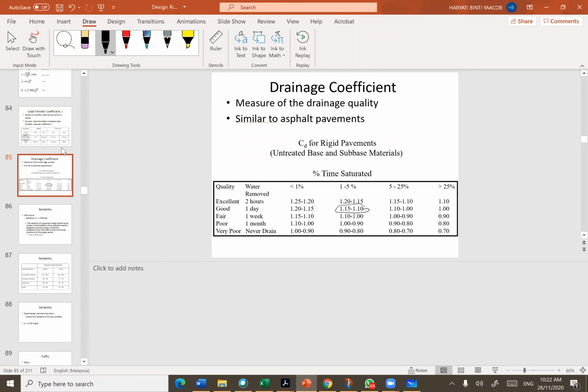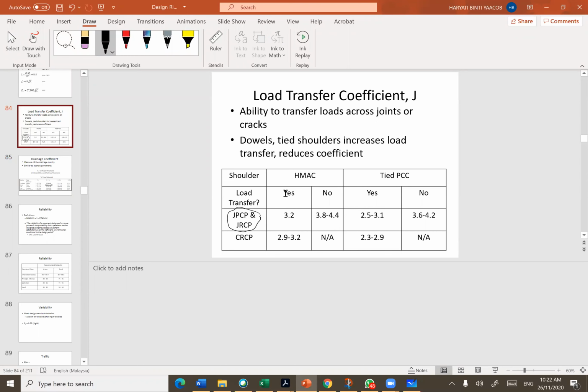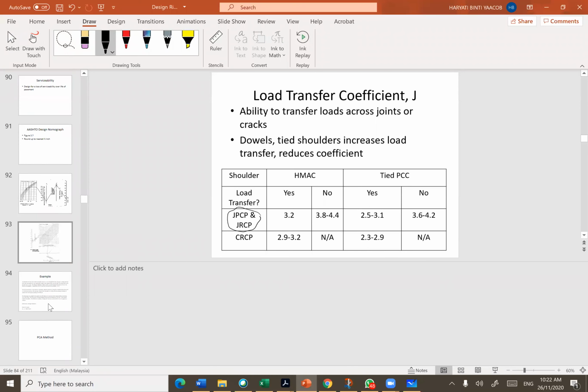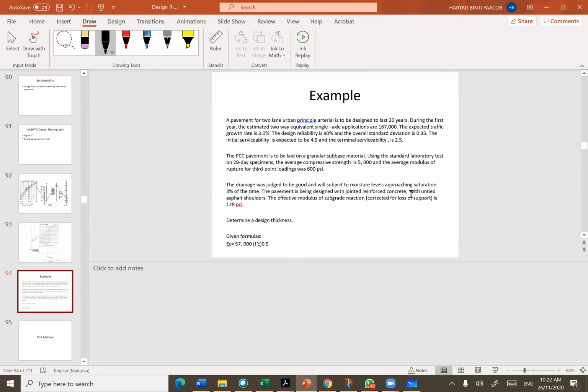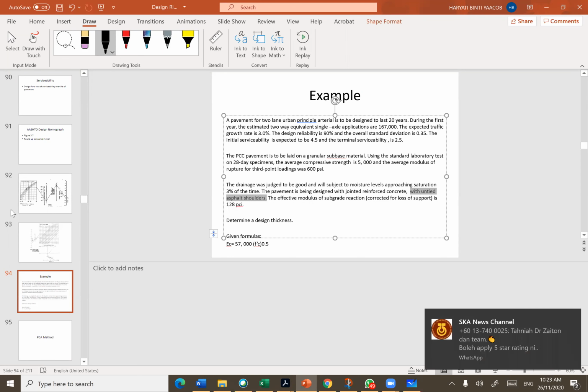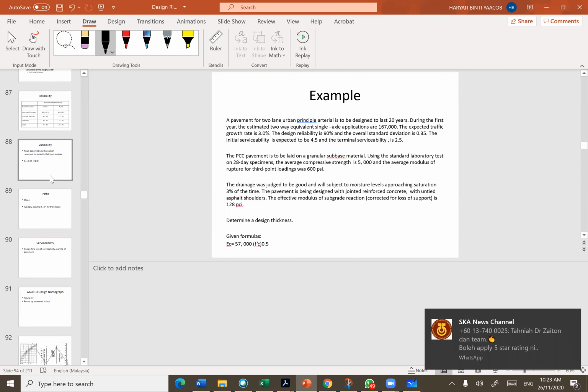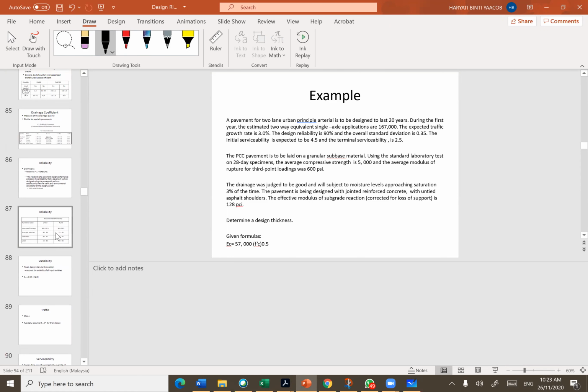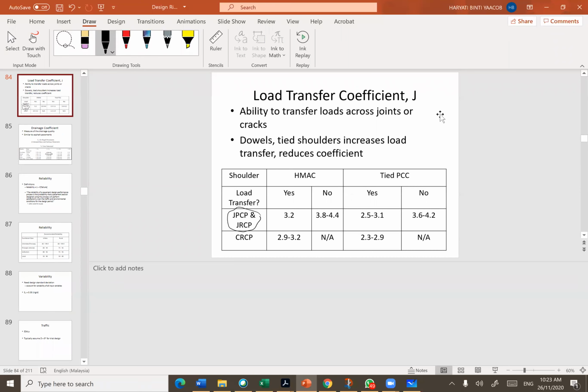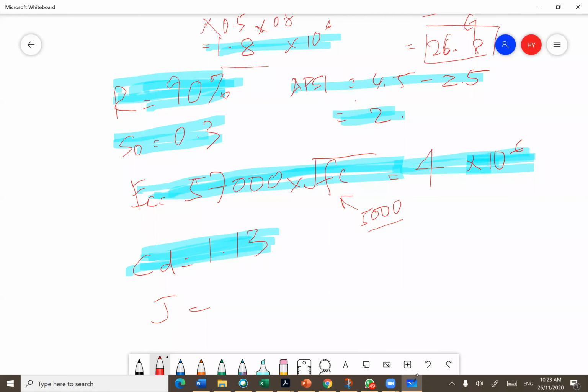With untied asphalt shoulders, we assume there is no load transfer device. So the range is between 3.8 and 4.4. We can take any value within the range, so we take 4. The J value is 4.